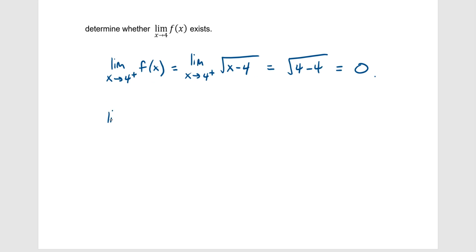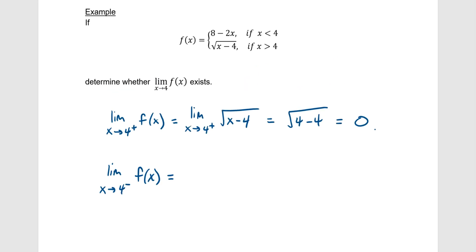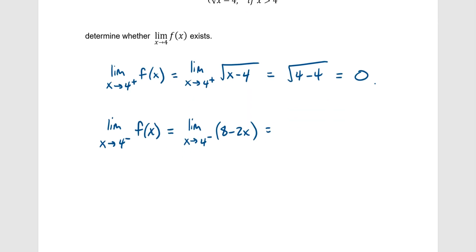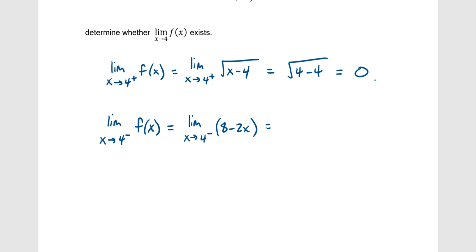Okay, and now we're going to do the limit as x approaches 4 from the left of f of x. Taking a look at the piecewise function, the limit from the left of 4 is going to be the first function. So that's going to be the limit as x approaches 4 from the left of 8 minus 2x. Once again, this is just going to be direct substitution. We plug in 4.